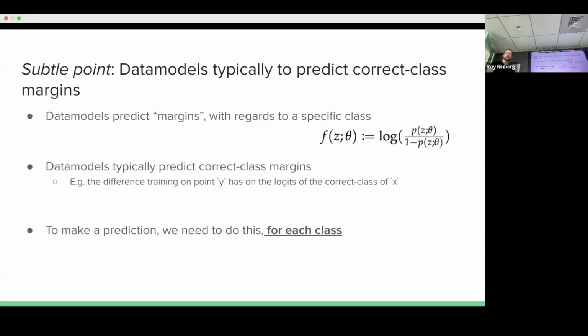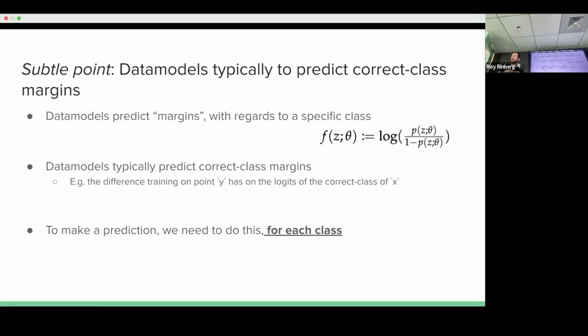And for most of these, and it's a subtle point they don't really emphasize, in data models and TRAK and these data models papers, they are asking for the influence of one data point on another data point's correct class prediction. How confident are you in that direction? But we want this for each specific class.